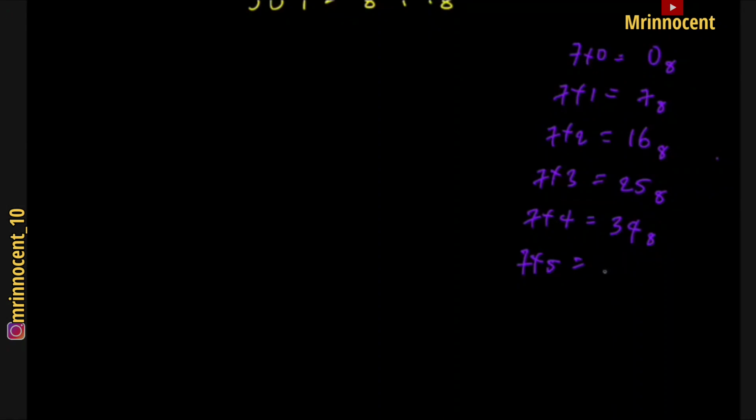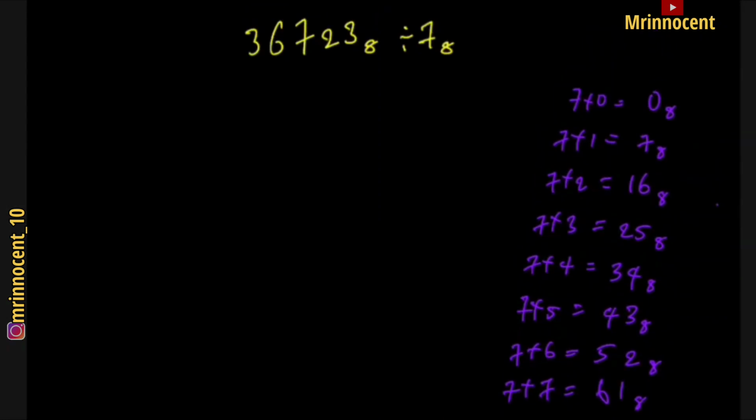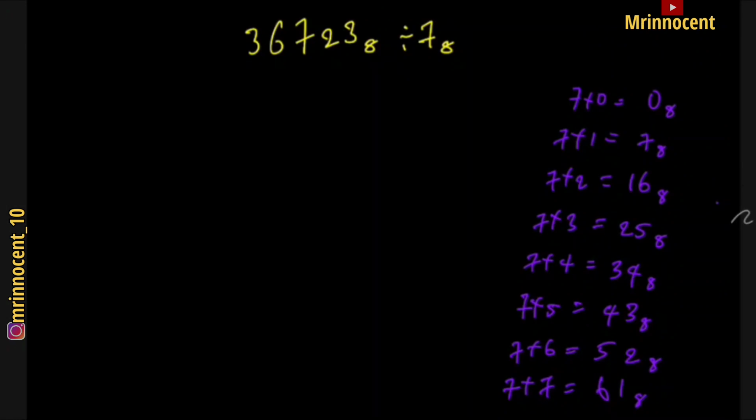And 35 in base 8 is 4, remainder 3 in base 8. 7 times 6 equals 42, and 42 in base 8 is 5, remainder 2 in base 8. 7 times 7 is 49, and 49 in base 8 is 6, remainder 1 in base 8. So let's go back to our question.